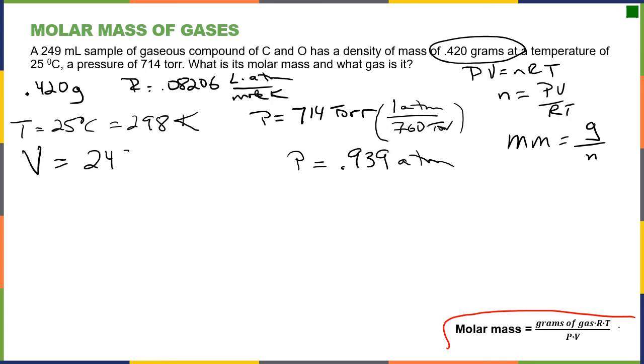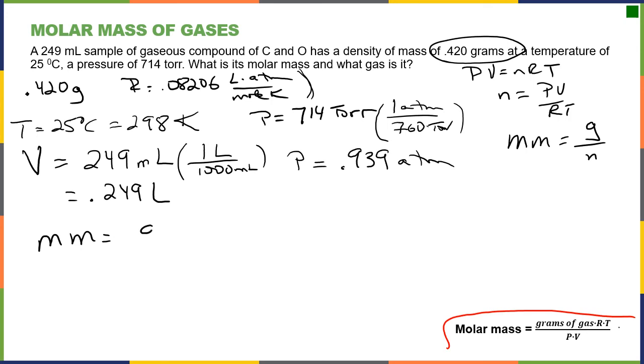And the last thing we need is volume. Volume is 249 mils, but according to our R value, our volume has to be in liters. There's 1 liter for every 1,000 mils, and that's going to equal 0.249 liters. So molar mass is equal to the grams multiplied by RT over PV.